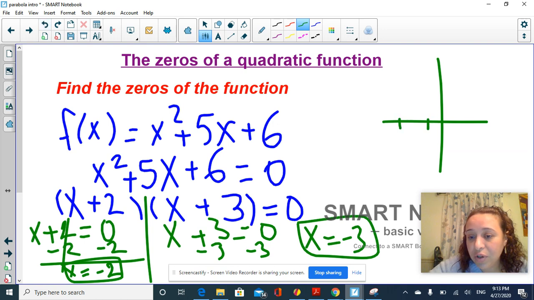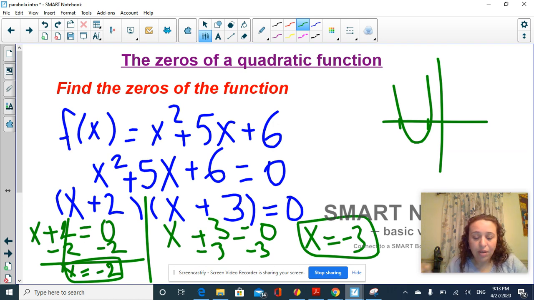It's something like this. This is the graph of the parabola. I don't ask you to graph it. I just want you to know that we have two values for x, negative 2 and negative 3. We can call them the solutions or the x-intercepts or the zeros of the function.